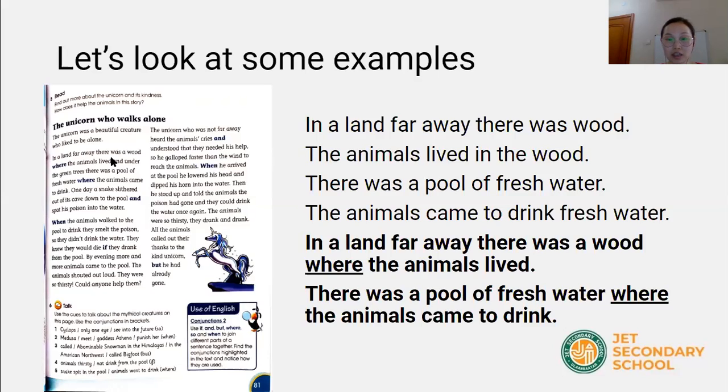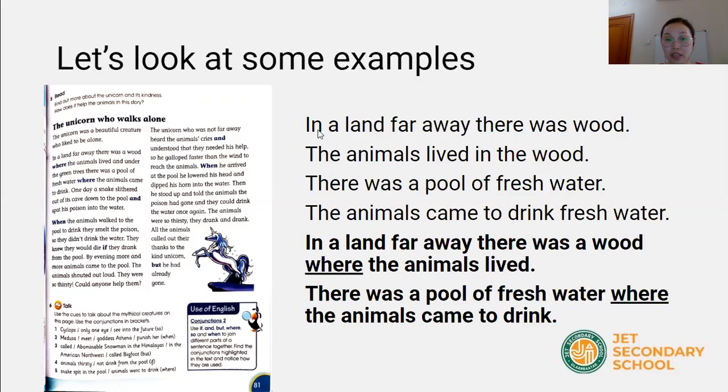If we analyze this one very long sentence, it was supposed to be four different small sentences, but because the conjunction where helped, we could put them into only one sentence that makes complete sense.